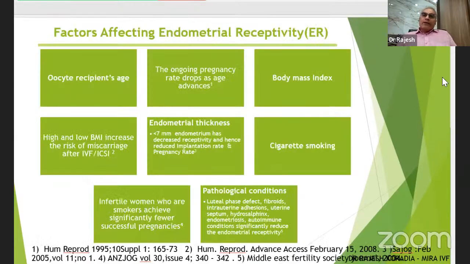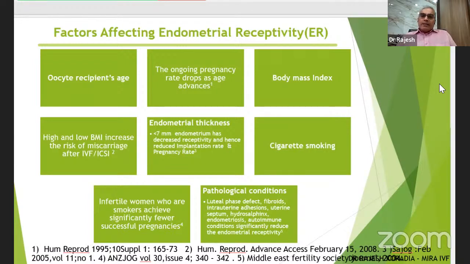So what are those factors which can affect endometrial receptivity? The oocyte recipient age, as the ongoing pregnancy rate drops as age advances. Body mass index: high and low BMI increase the risk of miscarriage after IVF and ICSI.